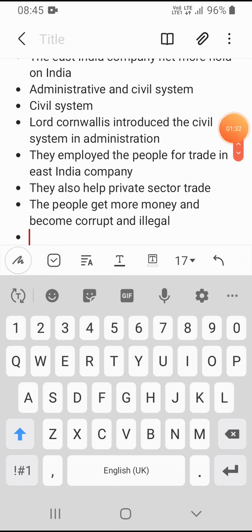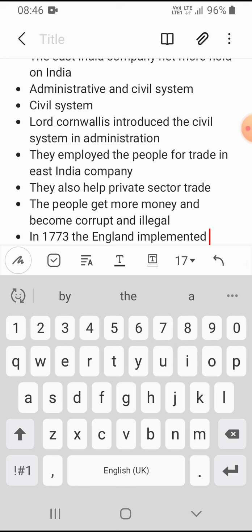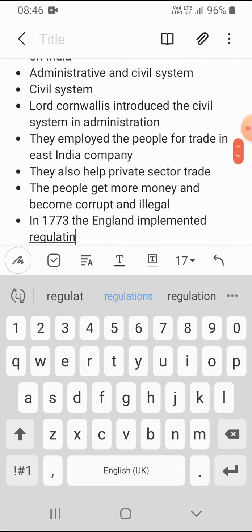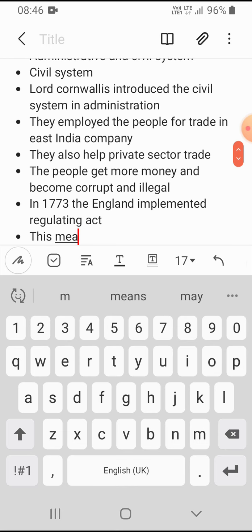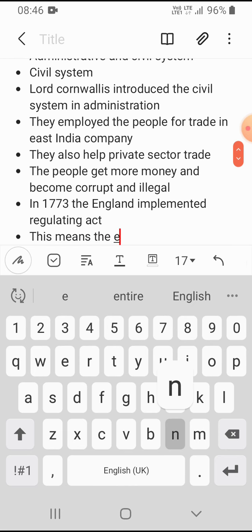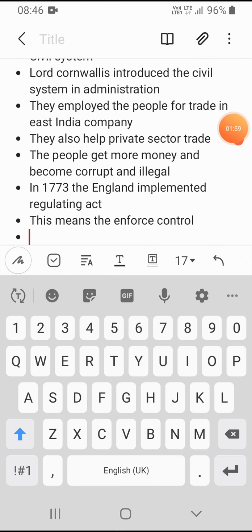In 1773, the British company implemented the Regulating Act. This means enforcing control: the act only says control, regulate, stop.